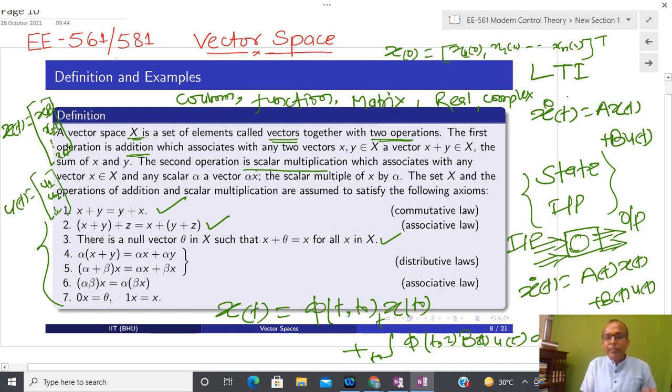The main theme is that if you are in a column space, you have to guarantee that you remain inside the column space after the operation. If you are in a function space, you have to guarantee that after the operation you remain in that same space. For that reason I cannot allow vector multiplication.